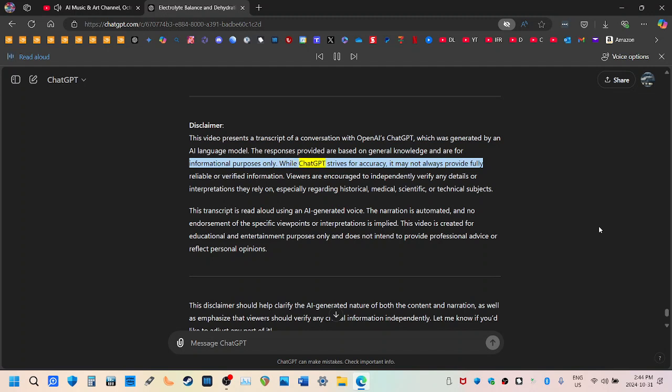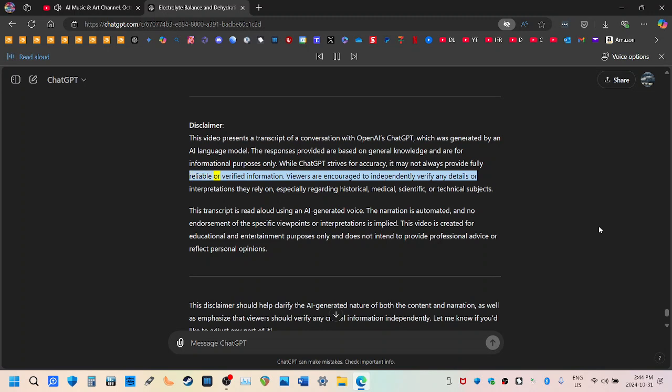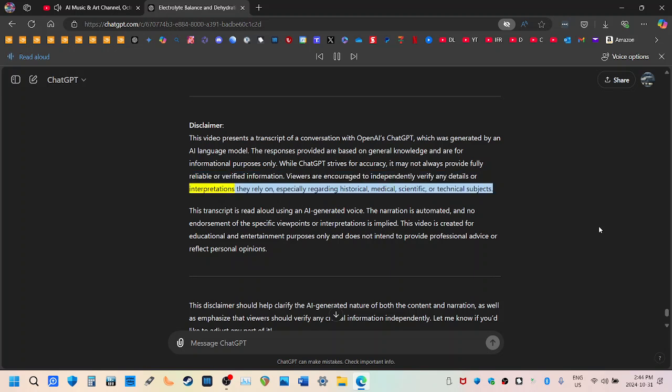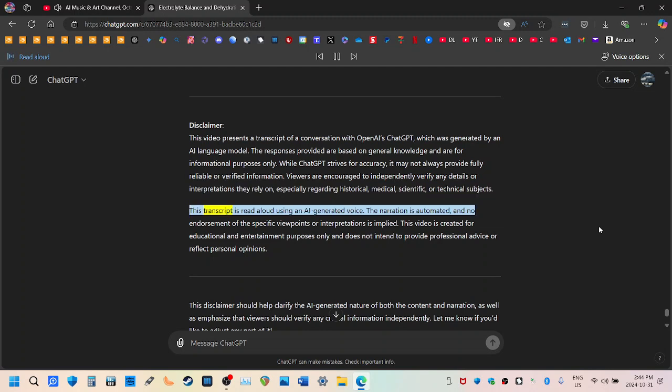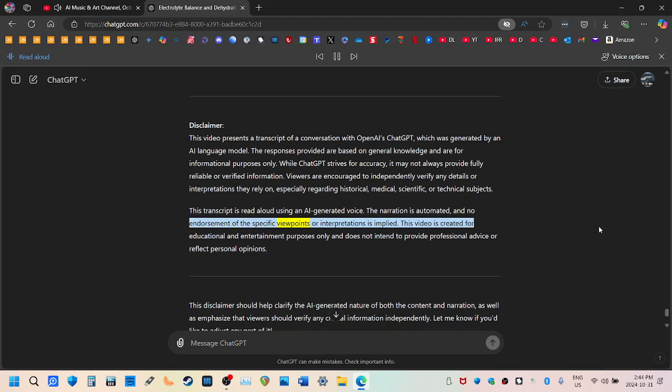While ChatGPT strives for accuracy, it may not always provide fully reliable or verified information. Viewers are encouraged to independently verify any details or interpretations they rely on, especially regarding historical, medical, scientific, or technical subjects. This transcript is read aloud using an AI-generated voice.